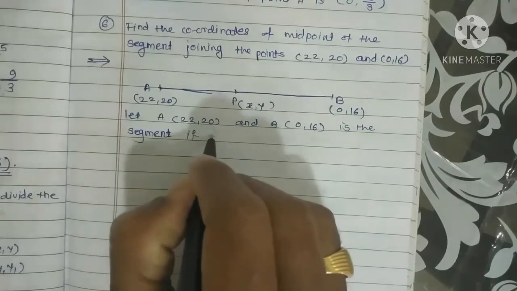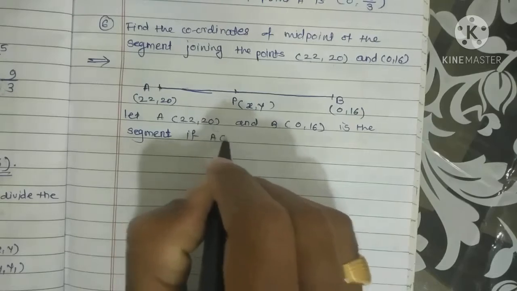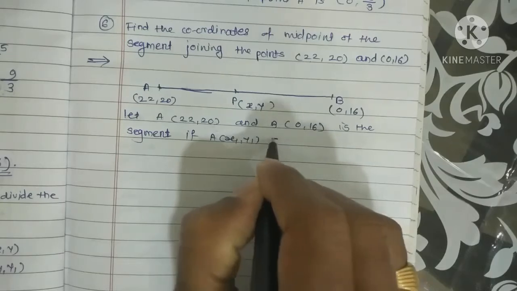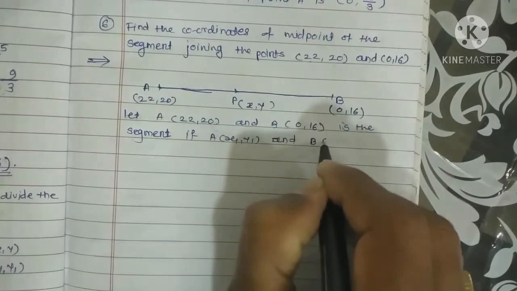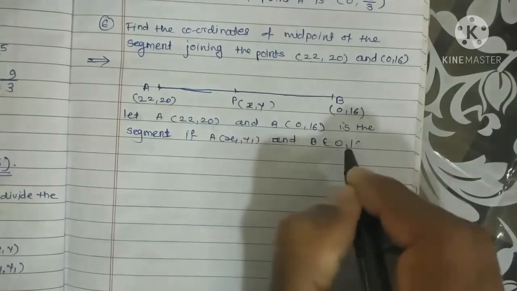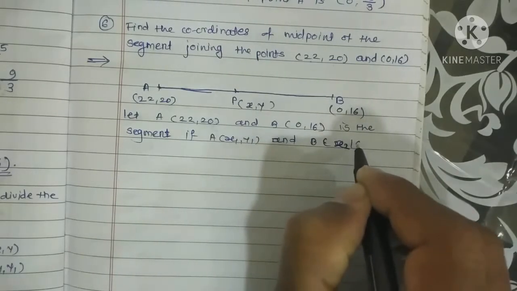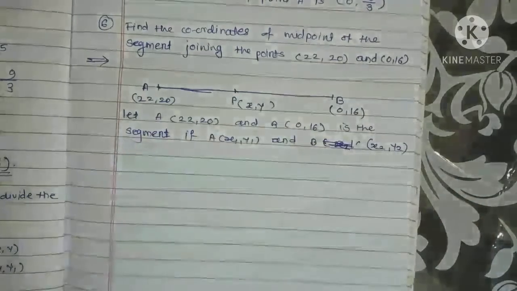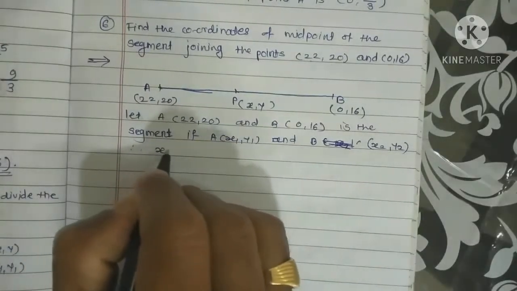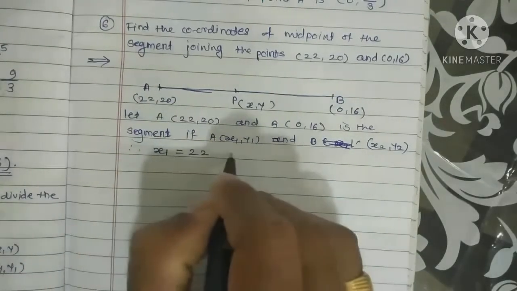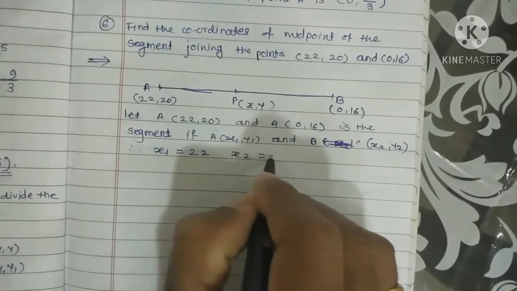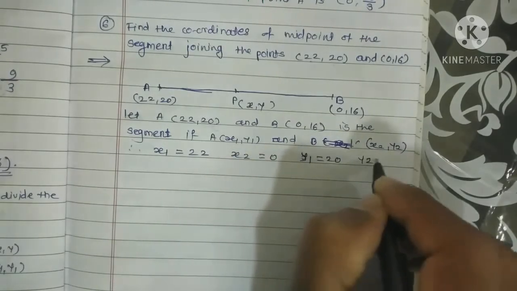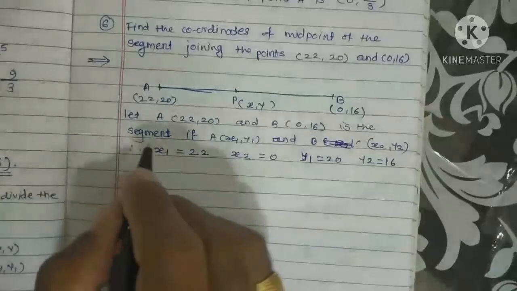If A is x1, y1 and B is x2, y2, it means x1 is equal to 22, x2 is equal to 0, y1 is equal to 20 and y2 is equal to 16.